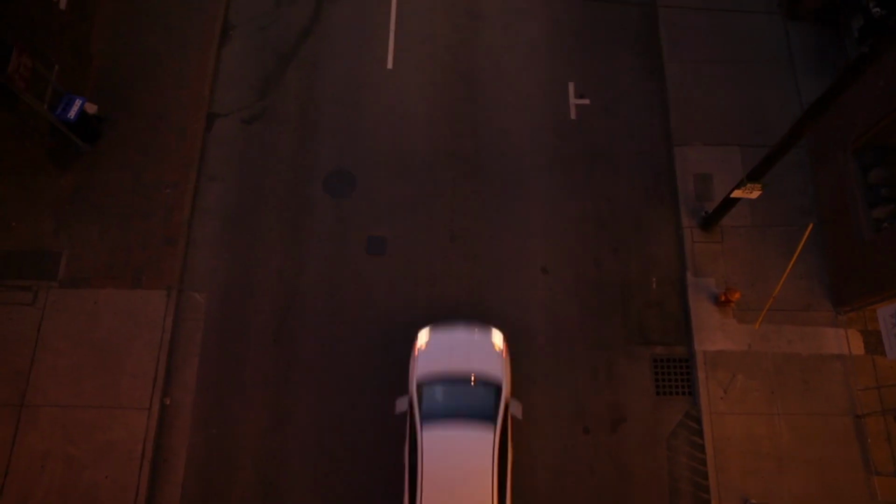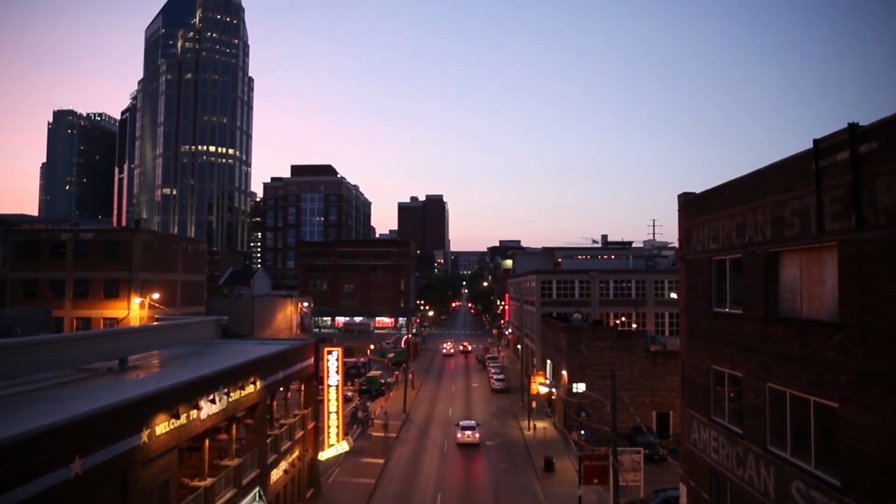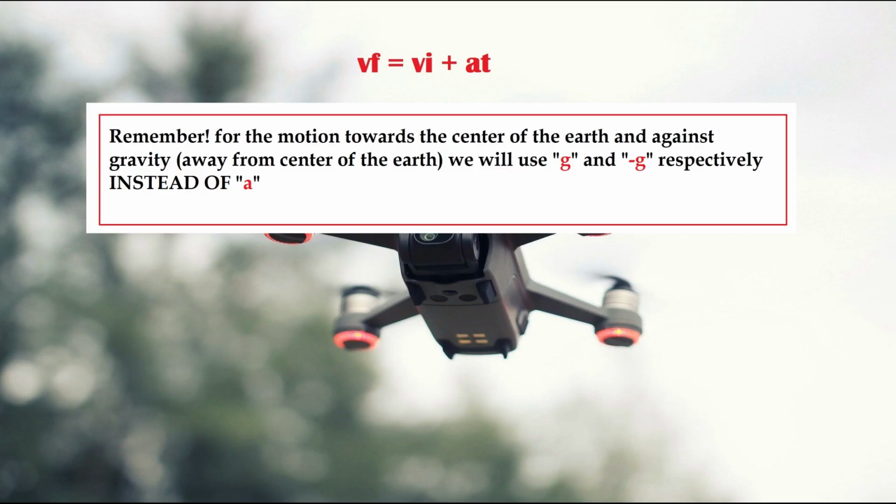If a body is moving horizontally on the road, then the acceleration produced is called A. But if a body is moving towards the center of the earth or away from it, then instead of A we will use g. g is the gravitational acceleration that is used when a body is falling towards the center of the earth.